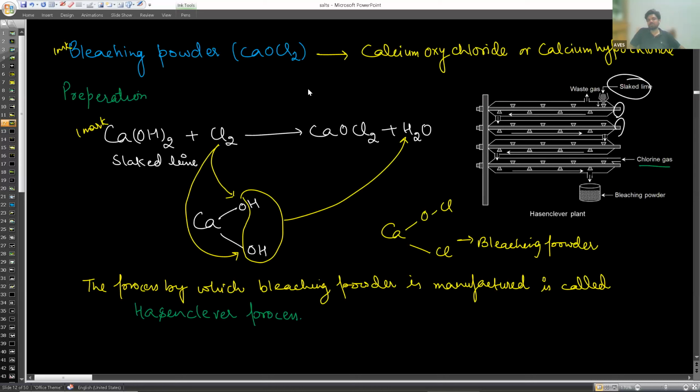What is the chemical name of bleaching powder? Yes, Harshit, what is the chemical name of bleaching powder? CaOCl2.